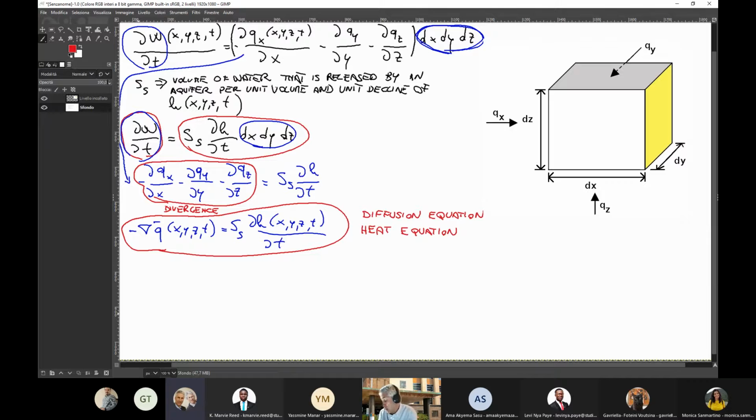The thing that we can note here is that we derived this equation by imposing mass balance, which is fine, okay? We didn't impose any energy balance so far. So we can understand that there is something missing here.